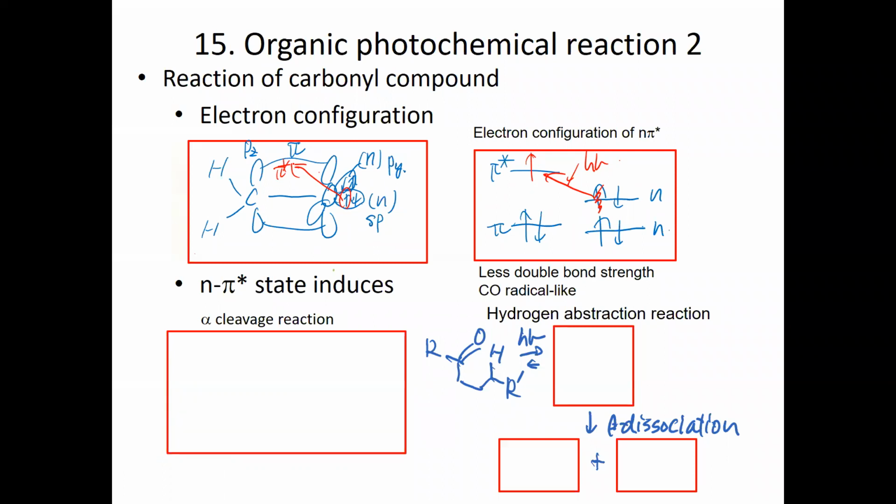So the double bond gets weaker, and CO becomes a radical-like species. That makes the reactivity of carbonyl much higher.